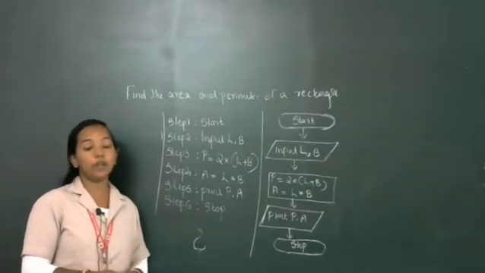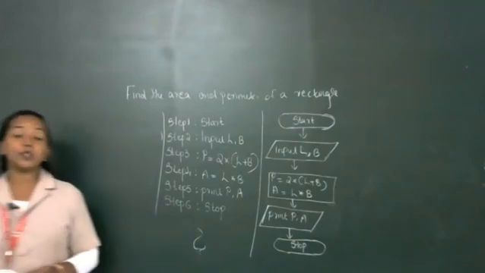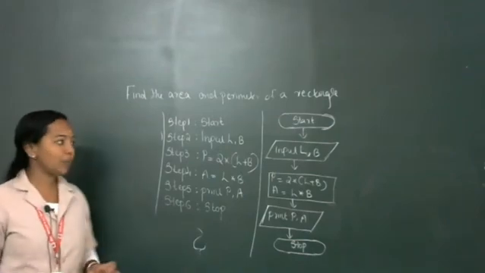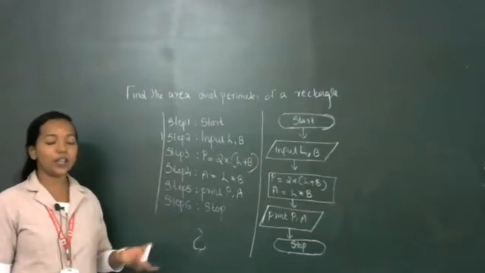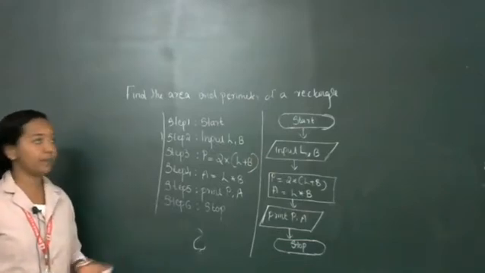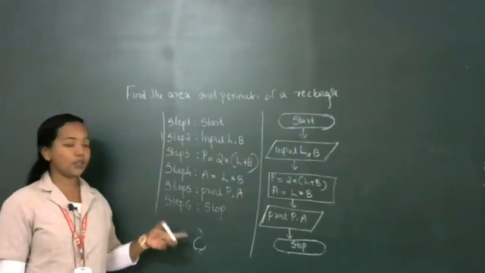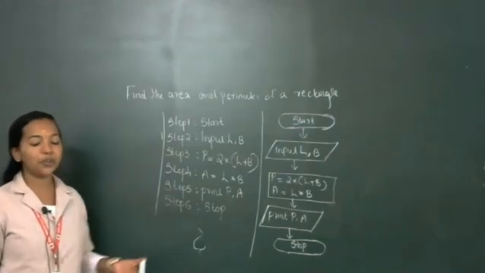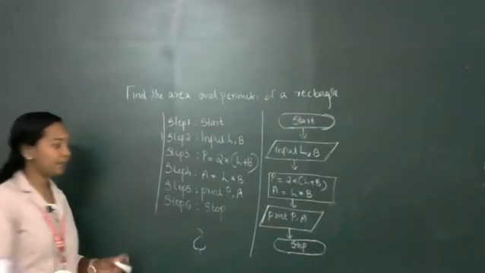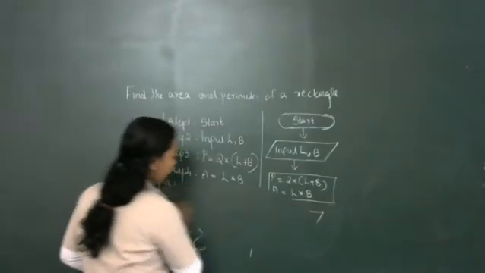Next I am going to discuss algorithms with the decision symbol. Algorithm means according to the decisions we are solving a problem. So, hope you understood. You want to write the algorithm and also the flowchart, both in your notebook. Clear? Then, next question.